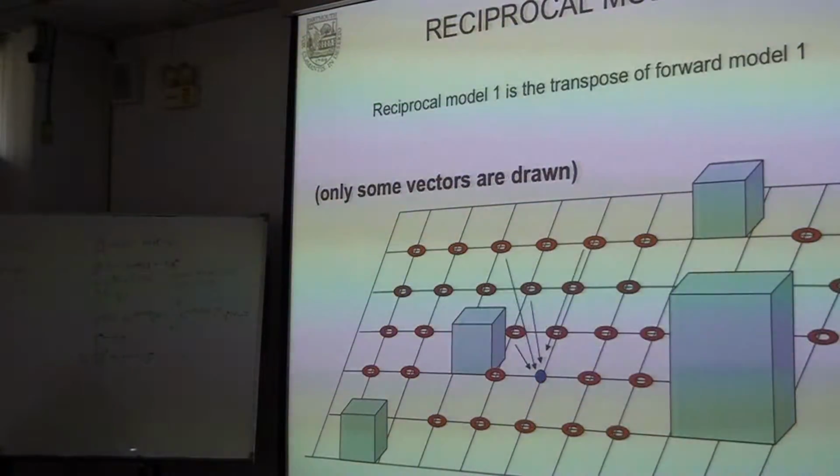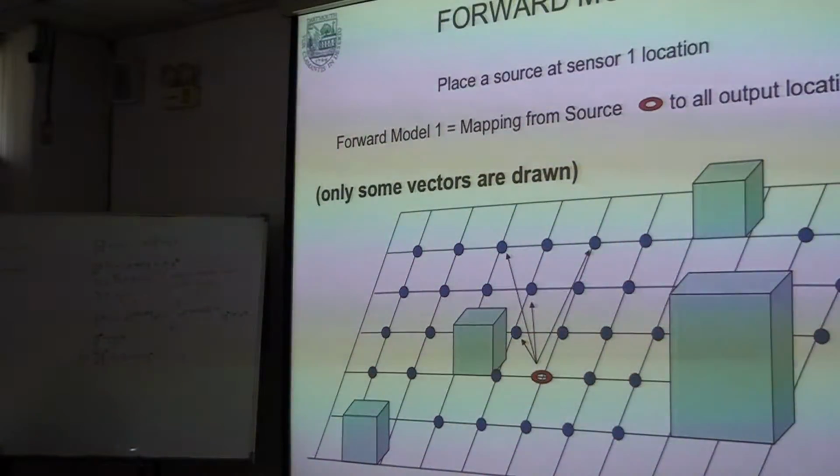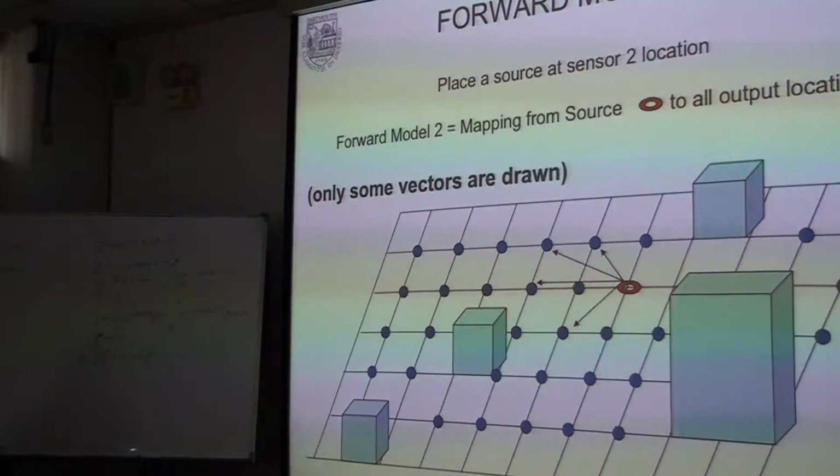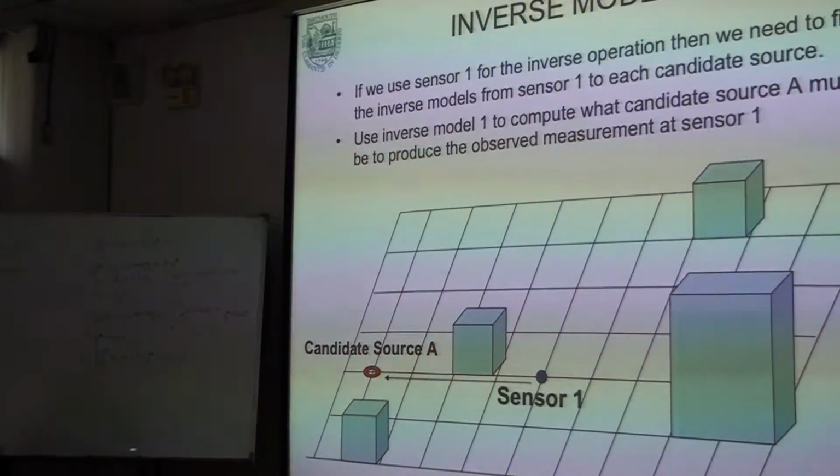That's one forward model, and that's the second forward model. Once we have these 2 forward models, we can just do a transpose operation and get the reciprocal model. The reciprocal models are derived from the forward models, and now we're going to use them for source localization. And this is how it's done.